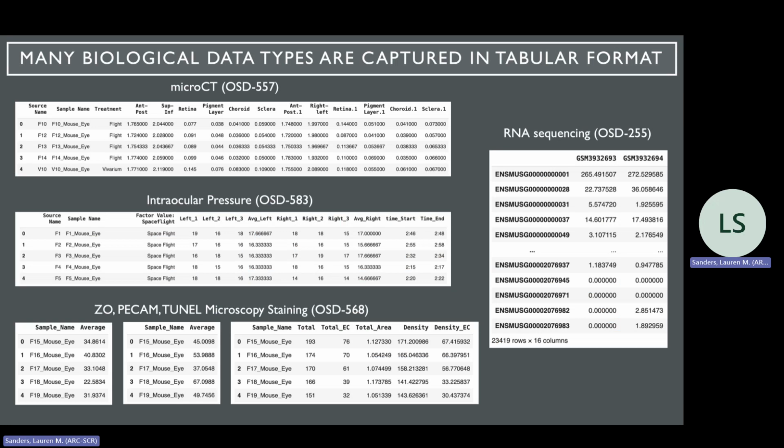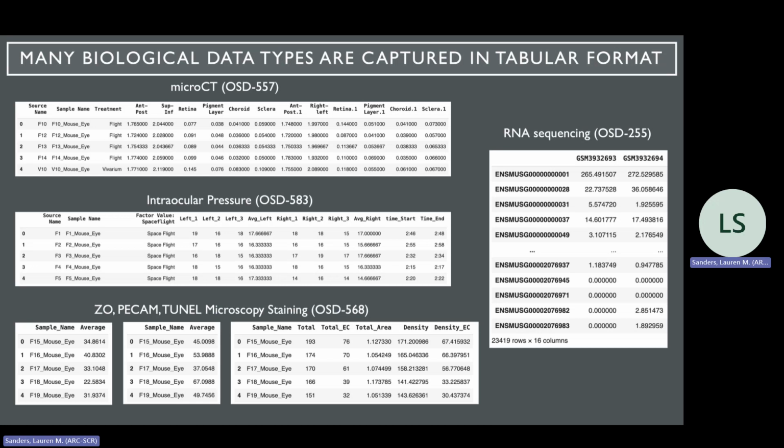We've already seen in Module 1 how many different biological data types can be captured or converted into tabular format. Some data types are always in tabular format, but some, such as microscopy data, bioimaging data, start out as imaging or video and then are converted into tabular format because it makes them easy to analyze.